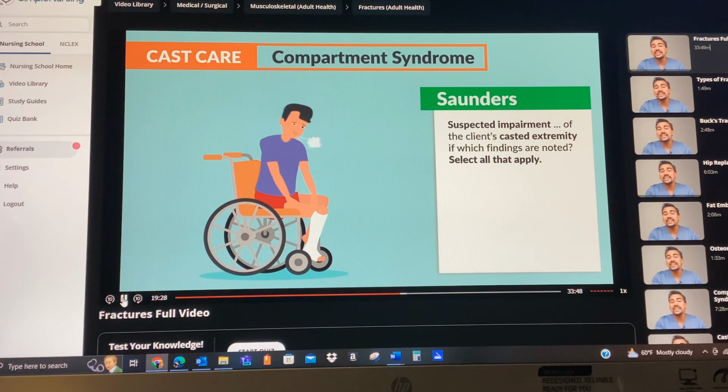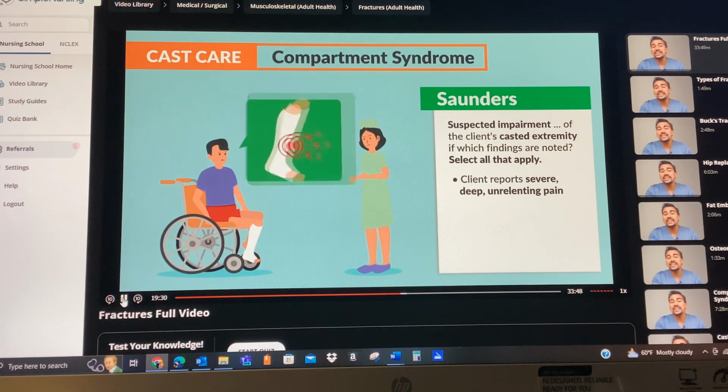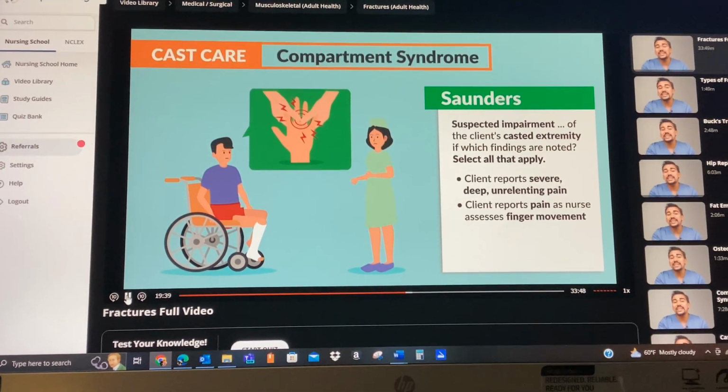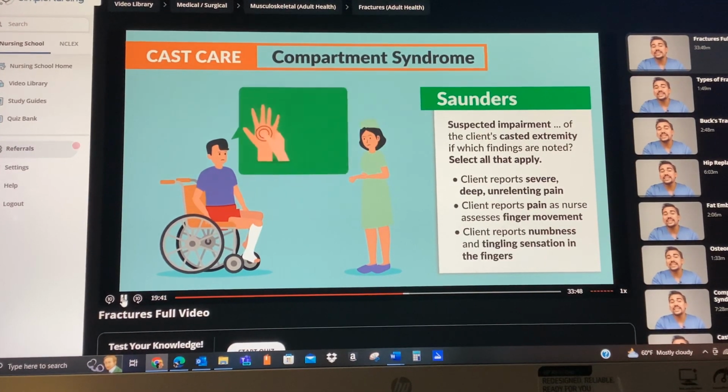Select all that apply. The client reports severe, deep, unrelenting pain. Yes. The client reports pain as the nurse assesses finger movement. And lastly, the client reports numbness and tingling sensation in the fingers. Yes, pain and paresthesia here.